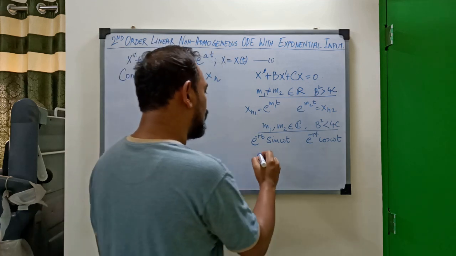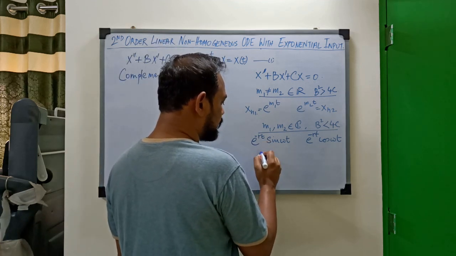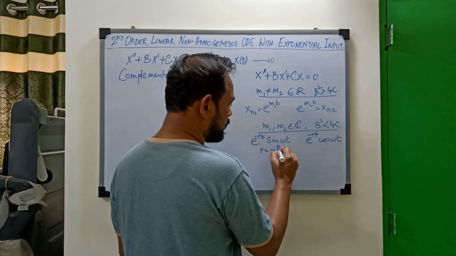Of course r is a shorthand that was used. r was basically minus b by 2.